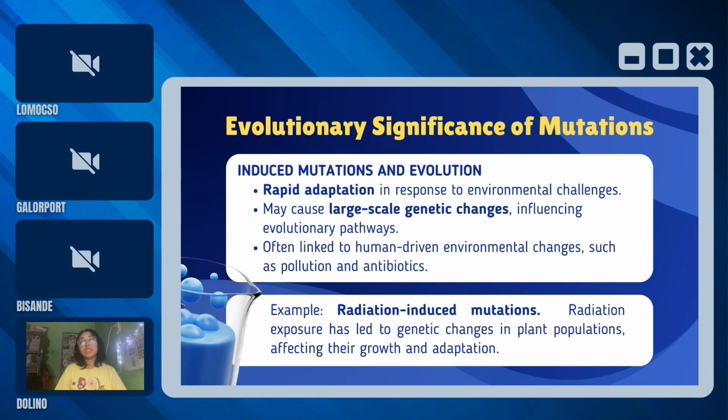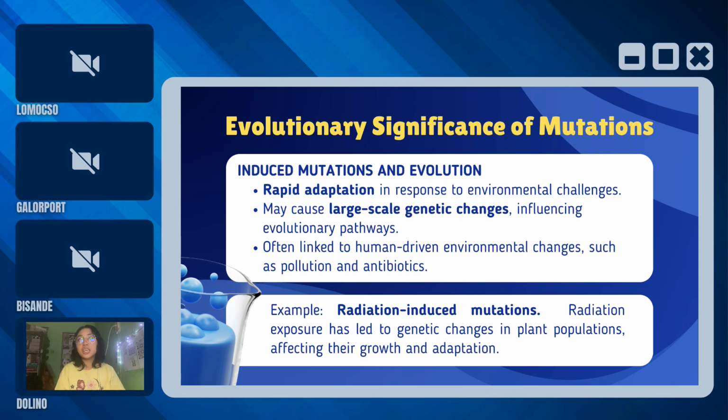For induced mutations, they can drive rapid adaptation by introducing genetic changes. This is because induced mutations can selectively introduce genetic traits that can immediately enhance an organism's ability to survive in changing environments. Also, dili rin siya for individual nga genetic changes because they may cause large-scale genetic changes, influencing evolutionary pathways.